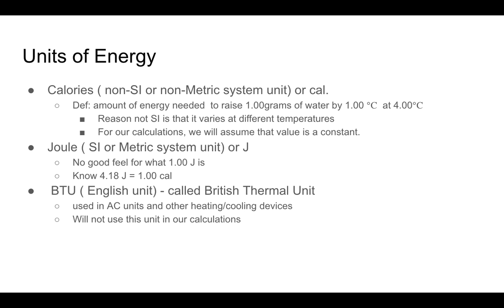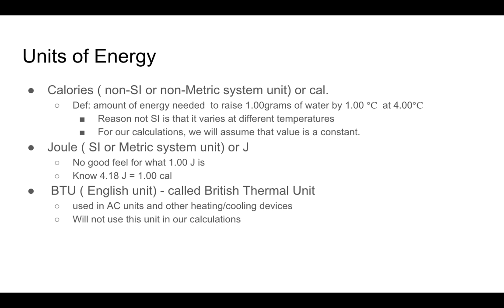There are different types of units of energy. One is the one that I will use, which is calories, and it's not the metric system unit. The definition is the amount of energy needed to raise 1 gram of water by 1 degree C. The reason it's not the metric system unit is it's only at 4 degrees C that this value is actually 1.00 calories.